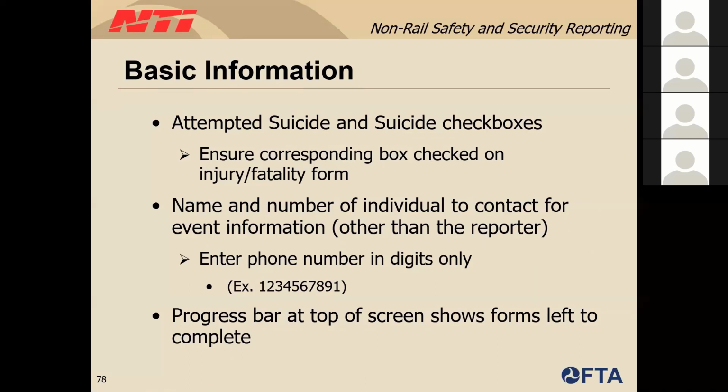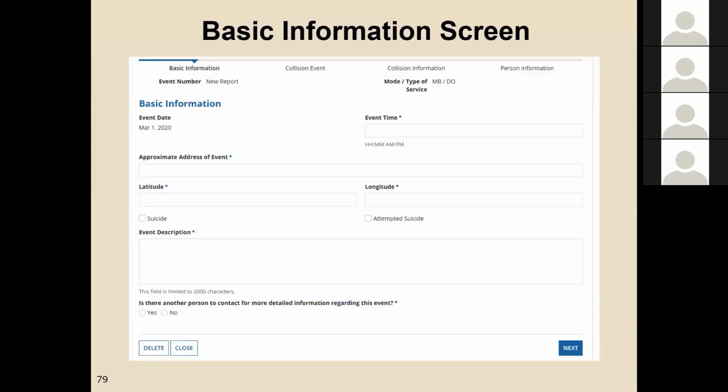When you enter a phone number, enter only the numbers and no parentheses or dots. The field will self-format. The basic information screen is also the first screen that the progress bar appears on. This bar shows you how many subsections you have to complete and your progress thus far. This is a snapshot of the basic information screen.